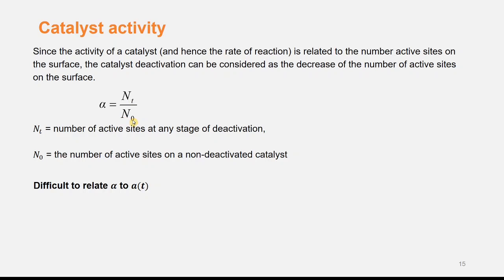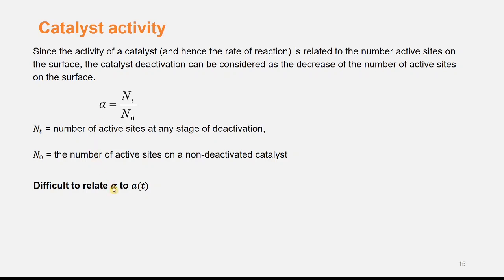We denote this as alpha, which is related to the activity we defined in the previous slide in terms of the rates, since the rate is related to the number of active sites on the surface. Again, we can look at catalyst deactivation as the decrease in number of active sites on the surface, which also means a decrease in the rate.